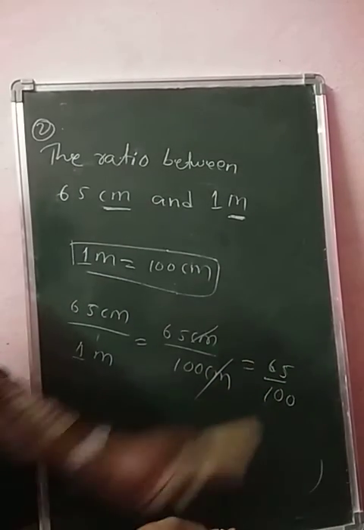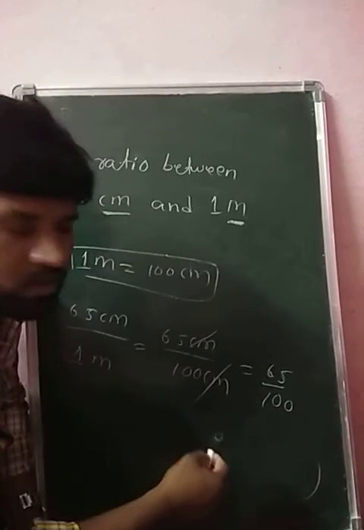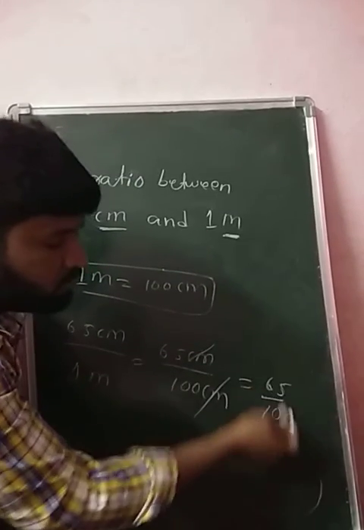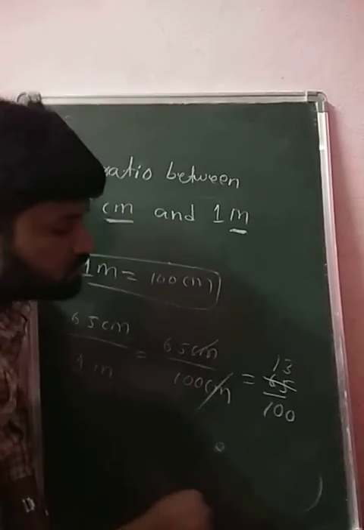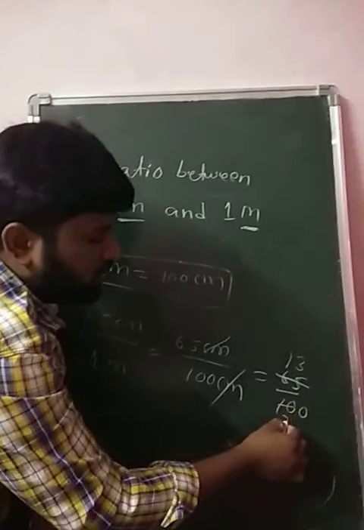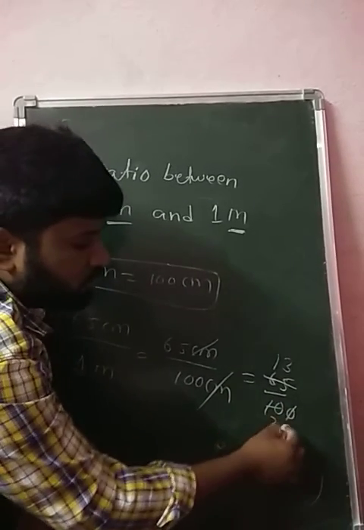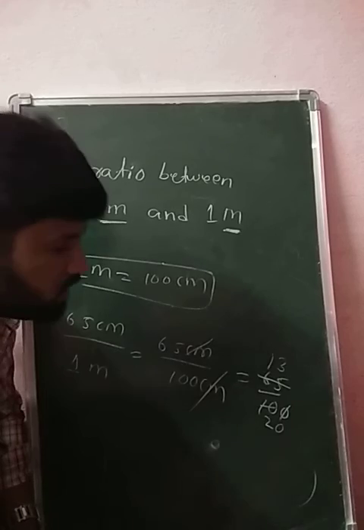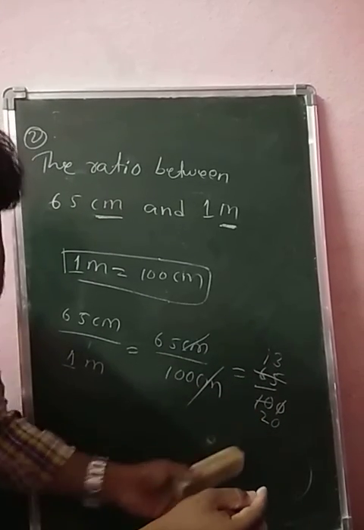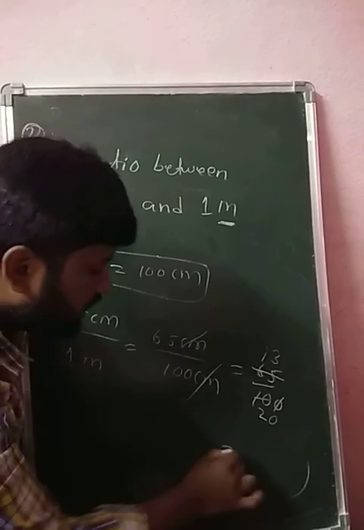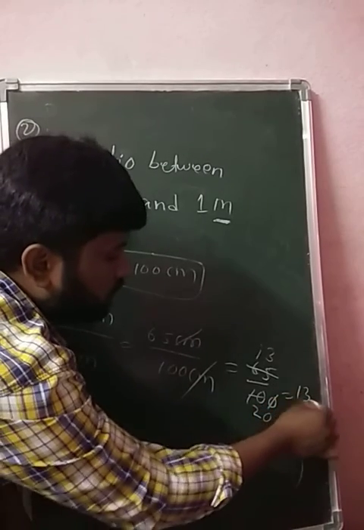You can use the 5 table here to cancel: 5 13s are 65, 5 2s are 10. So 13 by 20, and division is not possible further.